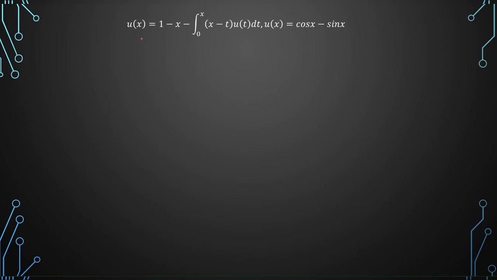This is the second example. U of x equals 1 minus x minus the integration from 0 to x of (x minus t) u(t) dt. Okay, we are using the ADM, Adomian decomposition method. So our u(x) will be equal to the summation n from 0 to infinity of un of x.